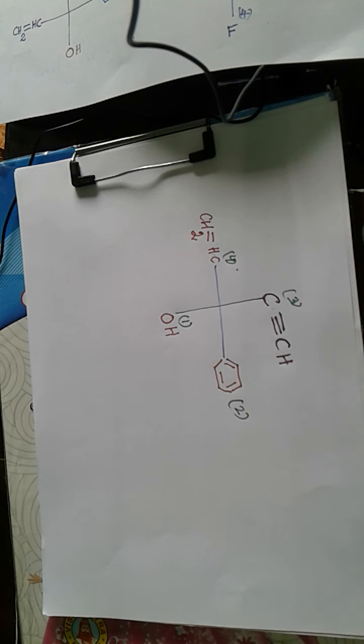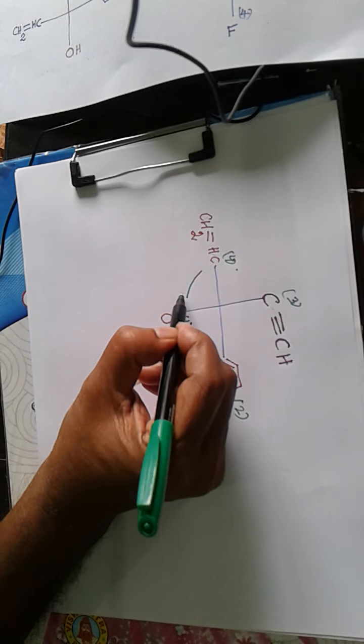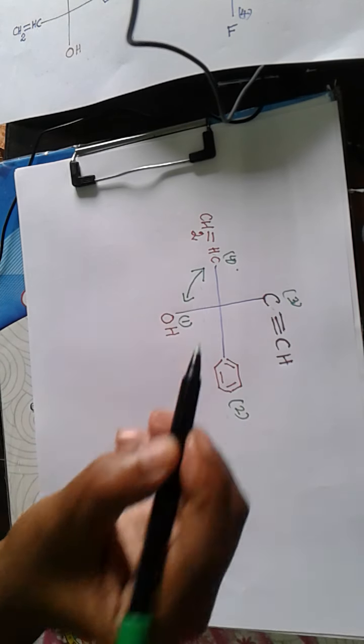The thing is that the group of least priority should come below the vertical line. So first of all, you have to interchange say 1 and 4.